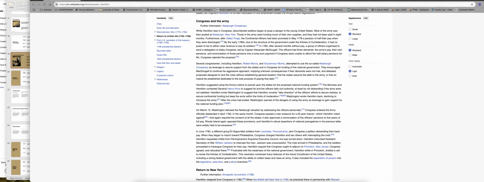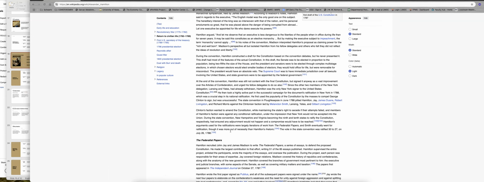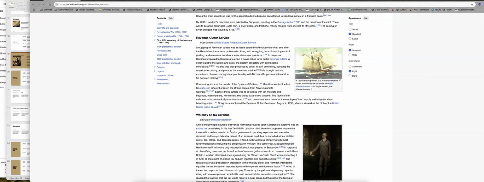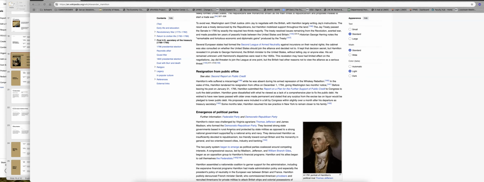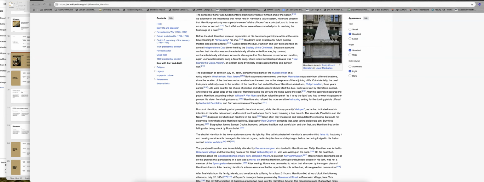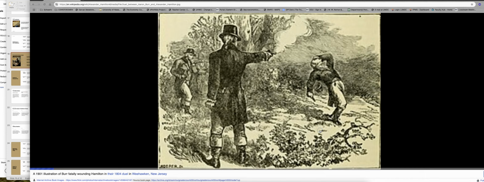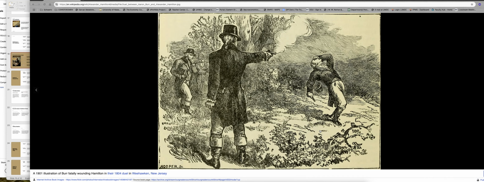You get this famous picture here of the shooting. I have never seen the play. Oh, here we go. Look at that.